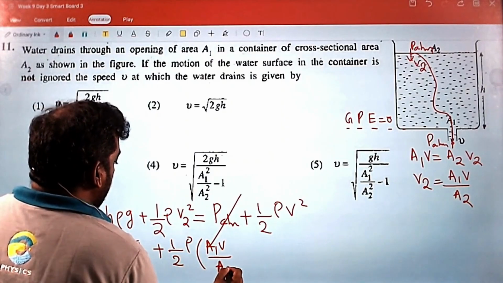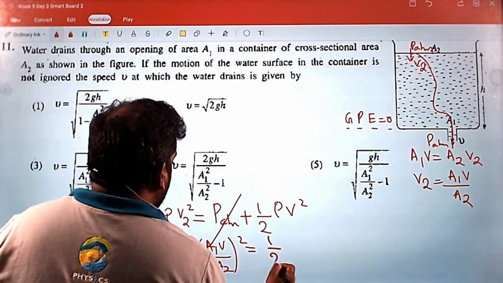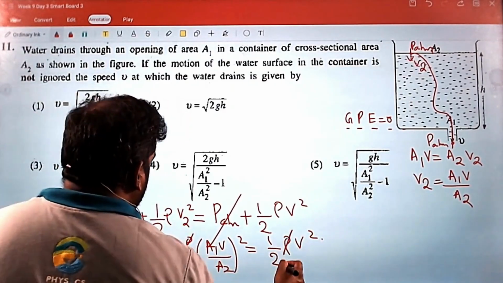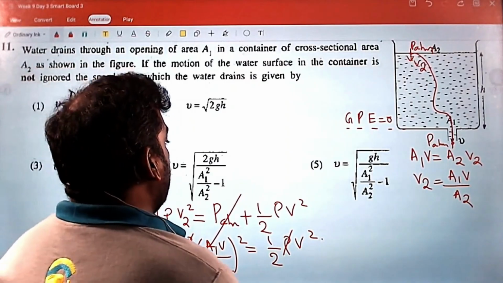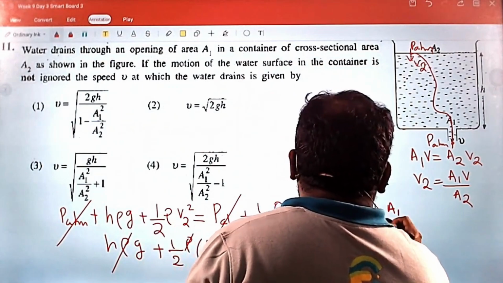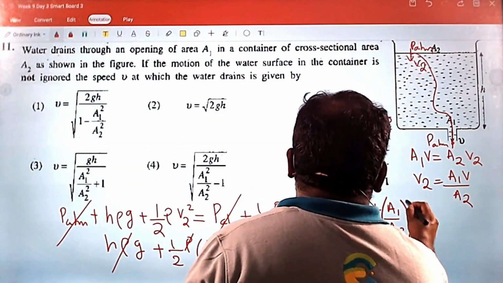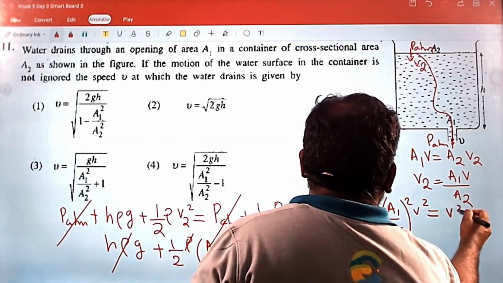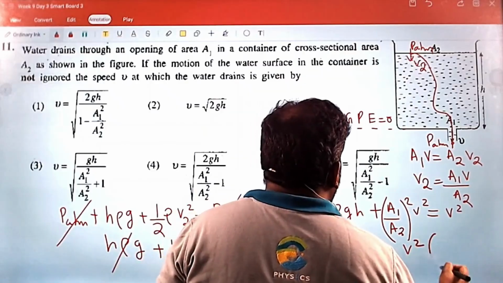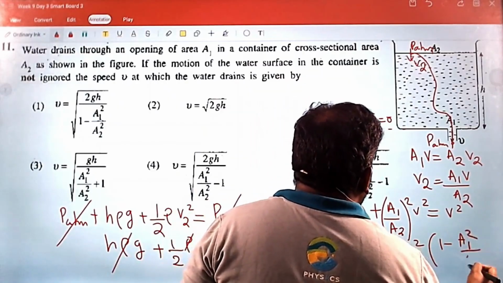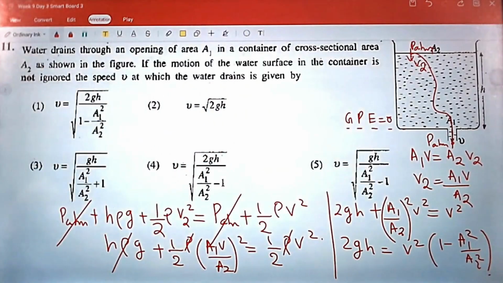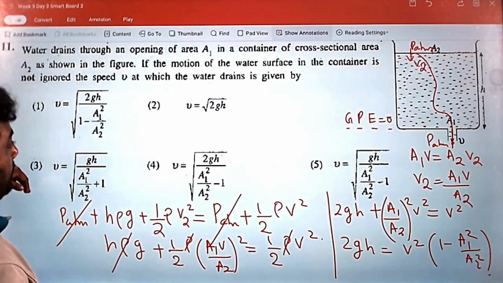A1 v divided by A2, whole thing squared. Half rho v squared. All the rho terms are common, cancel them off. Multiply by 2. From this you get 2gh equals A1 divided by A2 whole thing squared v squared. v squared, take it to the other side. 2gh equals v squared times 1 minus A1 squared over A2 squared.